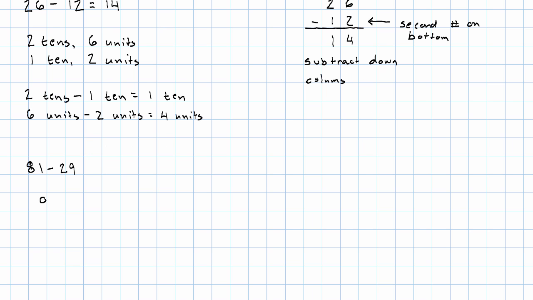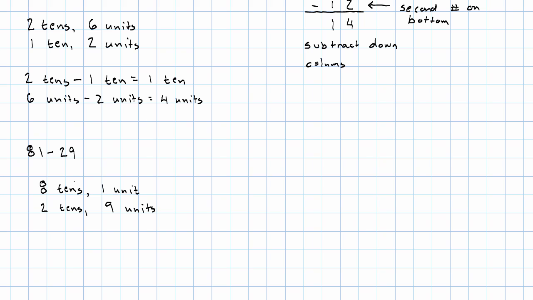We have 8 tens and 1 unit. We have 2 tens and 9 units. But when we go to subtract the units, we can't do this in the whole numbers. So what should we do? Do we want to wait around until we have more numbers to work with? No. Because, of course, that first number doesn't just have 1 unit, it also has 8 tens.